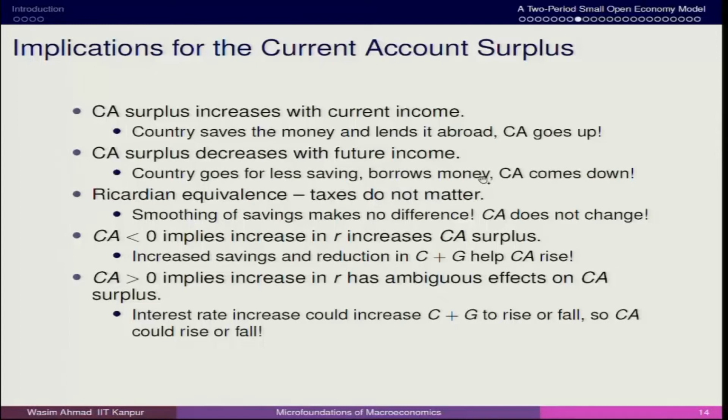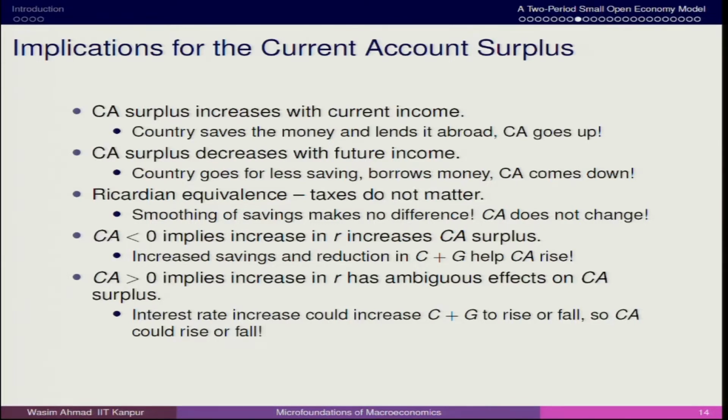So, you will be taking risk in the current period, going for more borrowing, and if you borrow money, then you have dis-saving happening. This dis-saving will lead to the current account surplus coming down. This will be at the country level, not at the individual level.